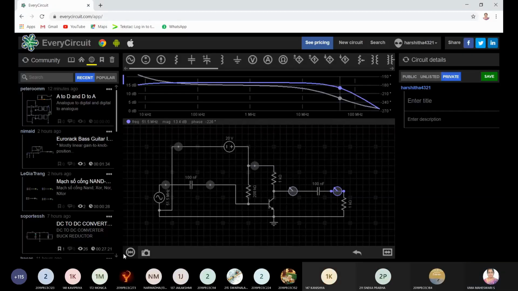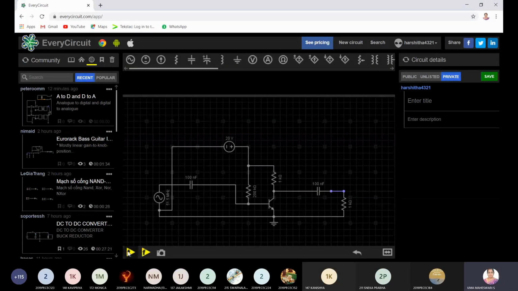Now one more piece of information I'll tell you. I have rewound and come here. Can you tell me why the function generator is showing 51.5 megahertz now? Because at the end of the frequency analysis, what did I do? I kept on increasing the frequency up to 51.5 megahertz.